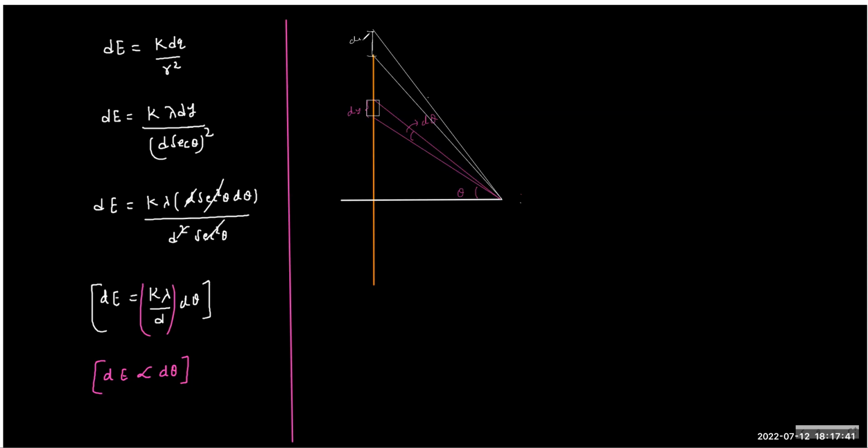What we can realize is that although the d theta is the same, dy dash will increase, isn't it? So the more you tilt away from the axis, the same angle demands a bigger size of the rod, isn't it?